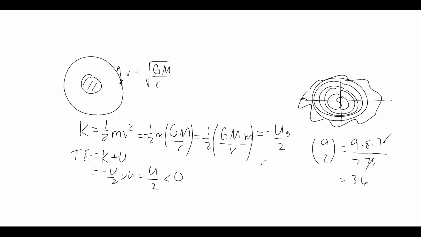There's 36 different potential energies that you need to calculate. And you need to calculate potential energy between Jupiter and Mercury, potential energy between Earth and Venus, between Venus and, you have to choose 2 for each potential energy and add all those up.